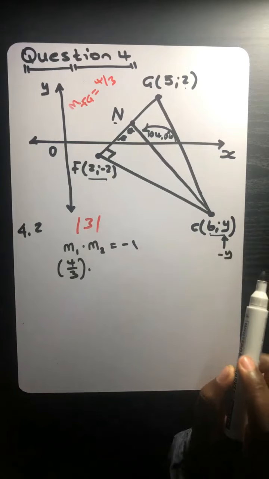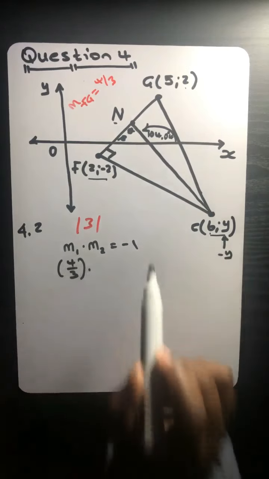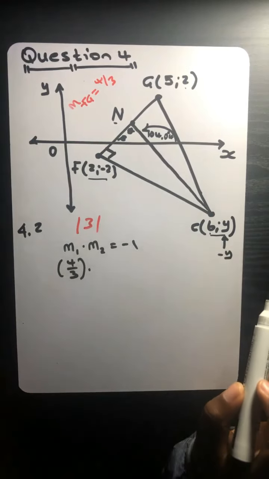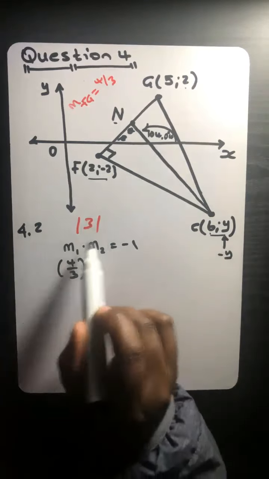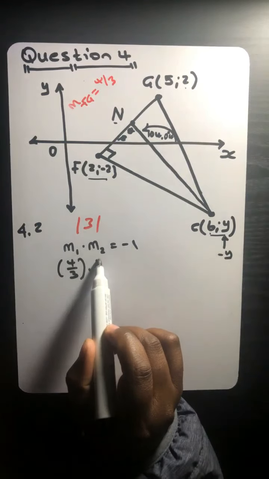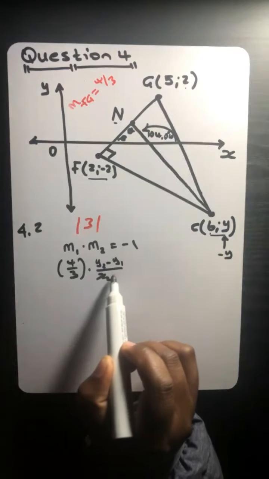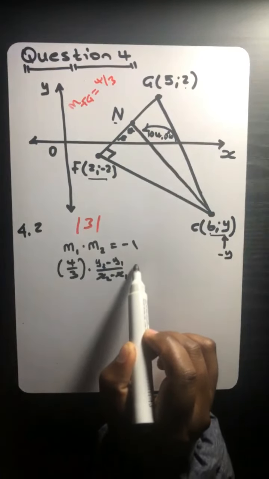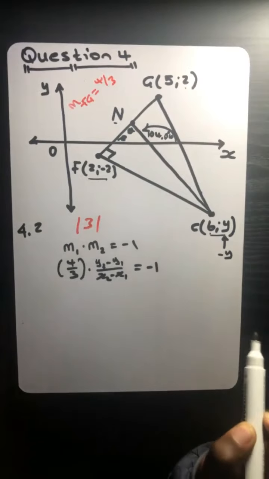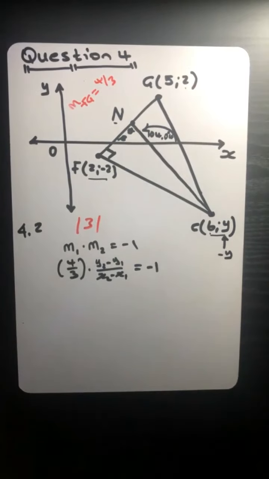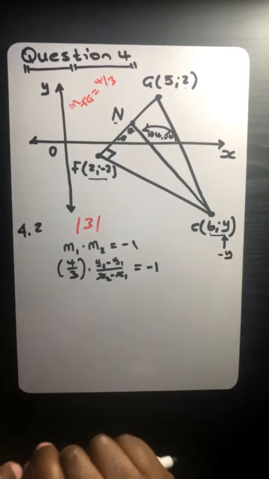In that way, we can formulate everything and solve for y. So what is the gradient formula? It says y2 minus y1 over x2 minus x1, and the whole of that will be equated to negative 4. Very, very much important, ladies and gentlemen.